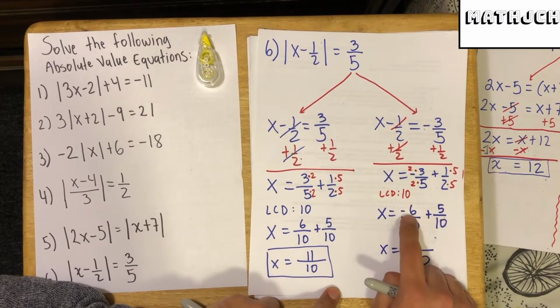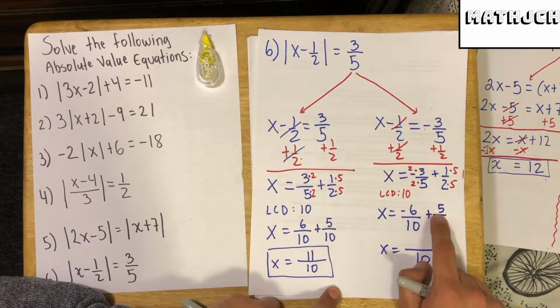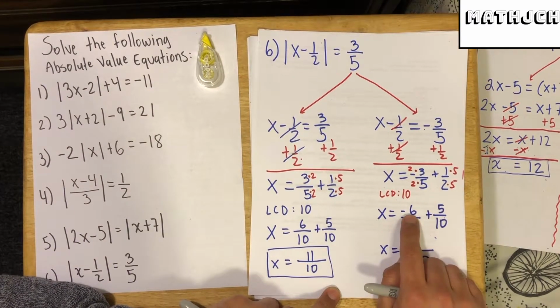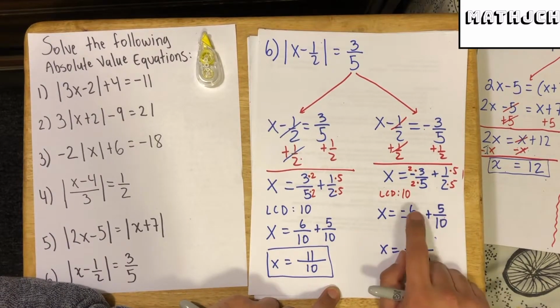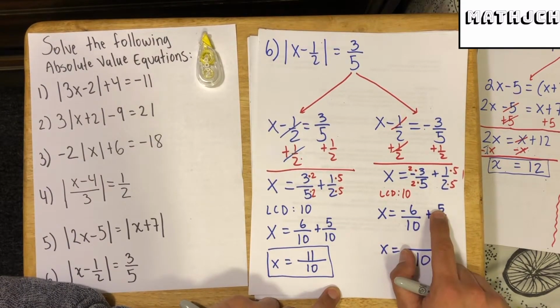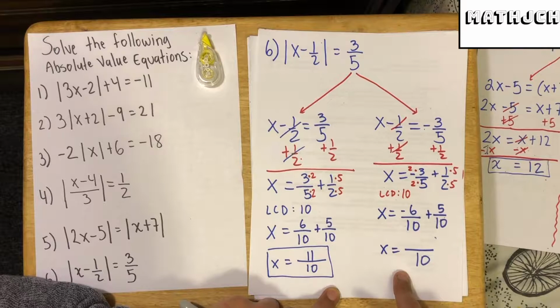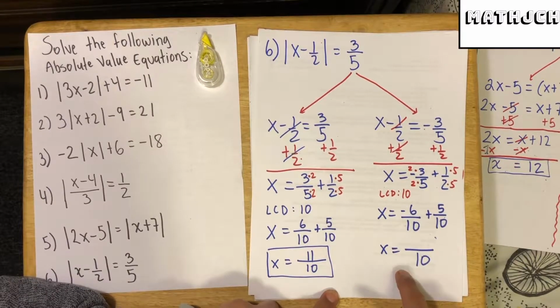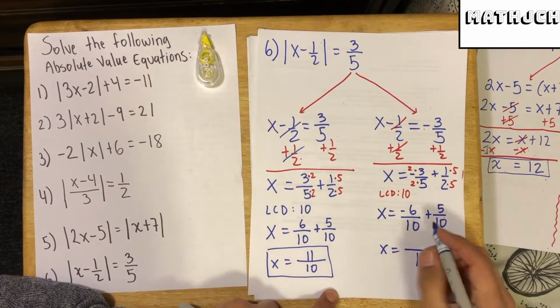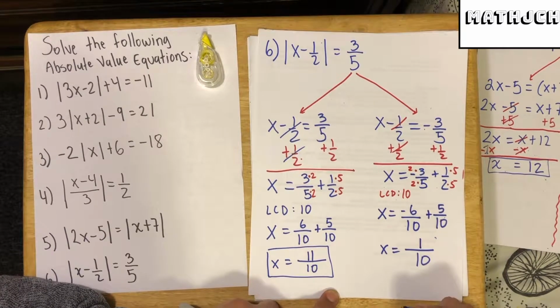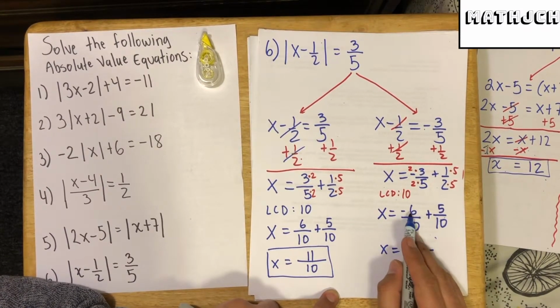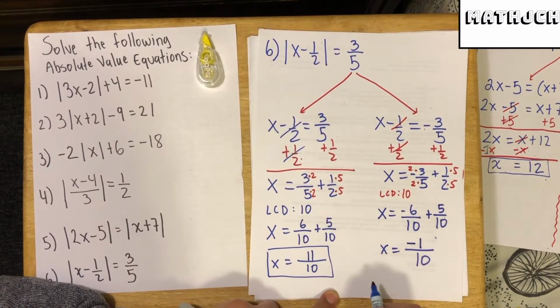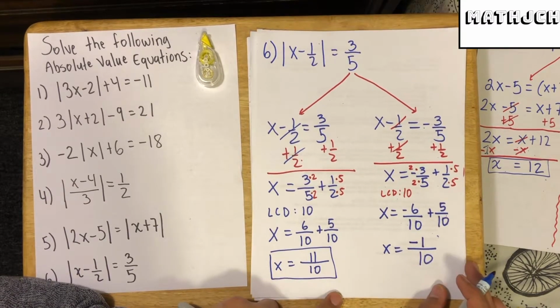But in this case, I have a negative and a positive 5. That means negative 6 plus 5. One negative, one positive, subtract, and keep the sign of the higher number. So 6 minus 5, that will be 1. But 6 is higher and is negative, so keep the negative sign.